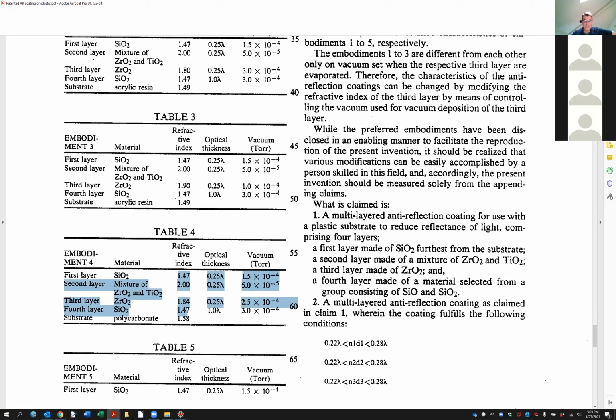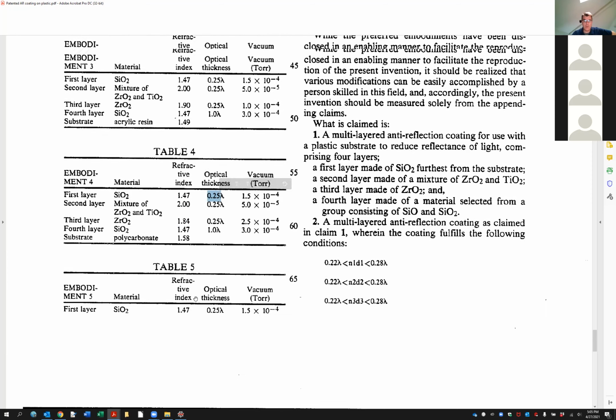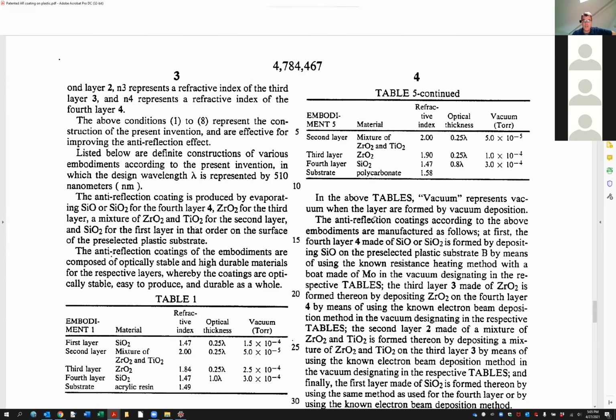Yeah, so it's the wavelength in that material, which is the wavelength in vacuum divided by this, or this, or whatever. And then multiplied by 0.25 if you're following that table, or 0.8 if you're following this one, and so forth. Any other questions on that?